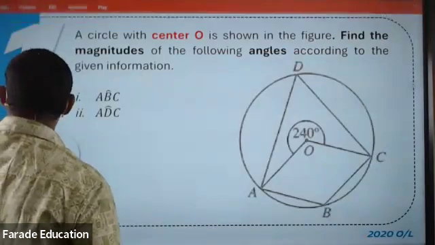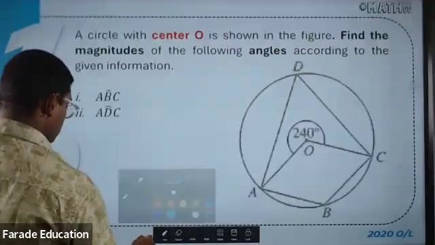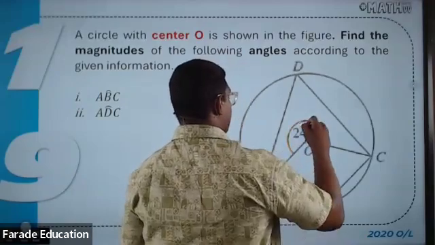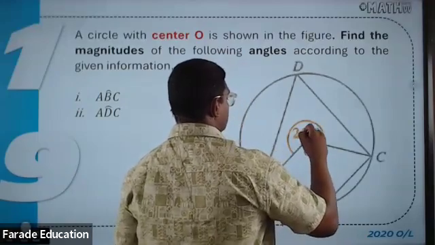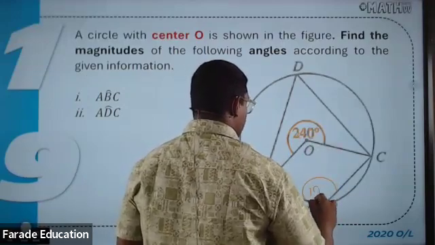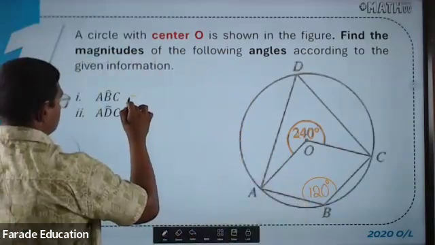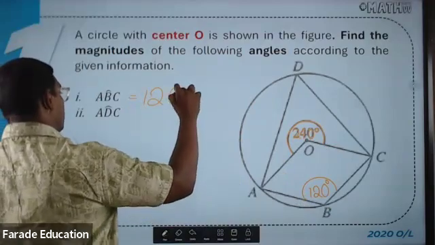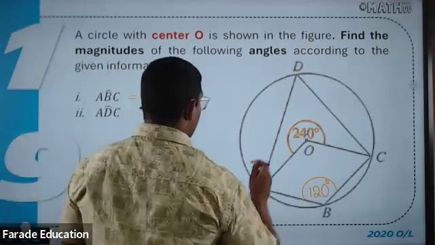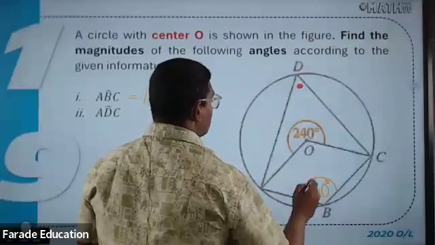So here, what we have is angle subtended at the center is twice the angle subtended at what? The circumference. That means ABC is what? 120 degrees, half of that. The next thing they want us to find is ADC. To find ADC, what do I want?